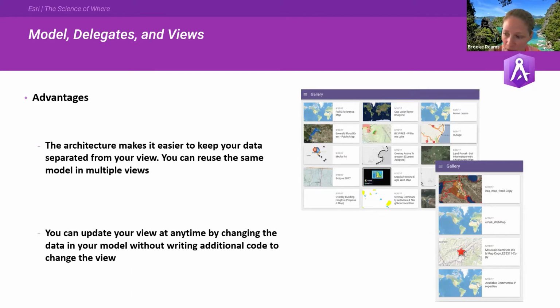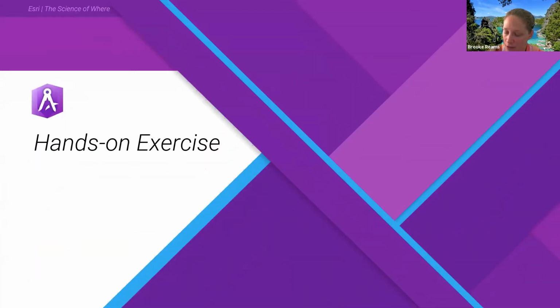Maybe you add new list elements for new images and text in the example that I showed, or you remove them. Just by changing the data in the model, you change what is shown in the view. We're actually going to use a list view with a model and a delegate in our last hands-on exercise, so hopefully that will help drive home the idea of models, views, and delegates.